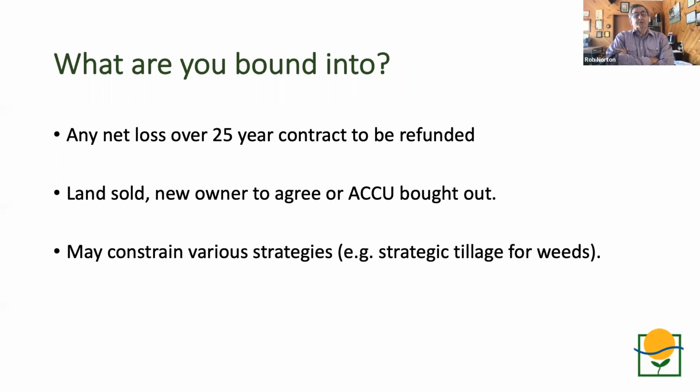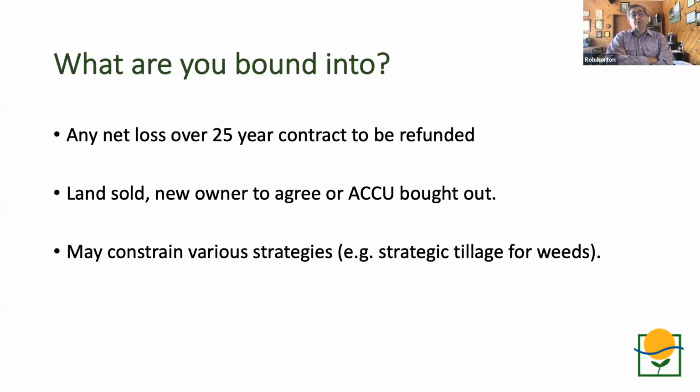It might be difficult too if you've done a plantation and somebody wants to clear that. If you've done a big tree planting and it is then decided that you'll clear that, you have to give back, you have to buy out those carbon units. And in a cropping situation, where you've gone zero till, it might mean you can't go in and do a strategic tillage for weeds.